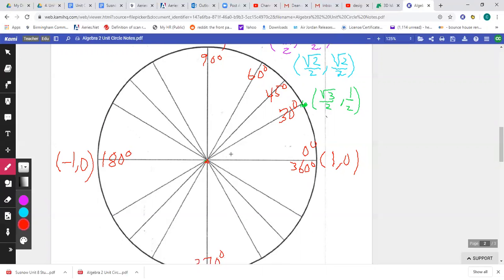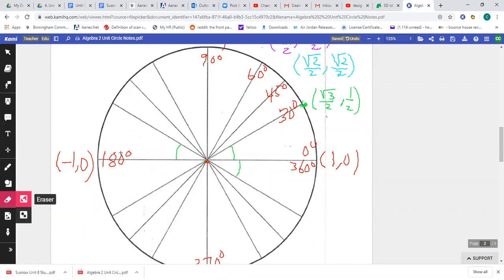So that means, see how this is 30 degrees? This angle here is 30 degrees. I'm going to draw it for you. This angle is also 30. This angle is 30. And this angle is 30. They all form an angle of 30 degrees with the x-axis.